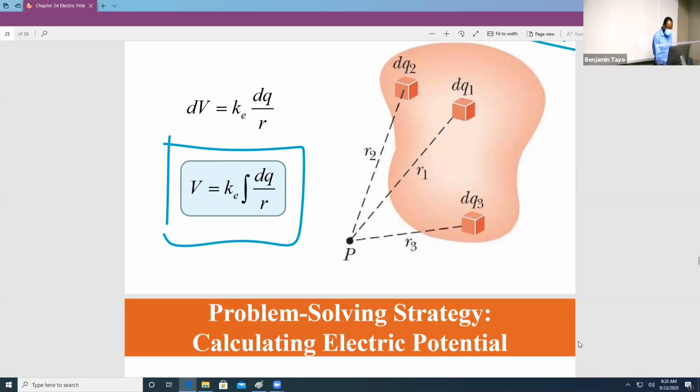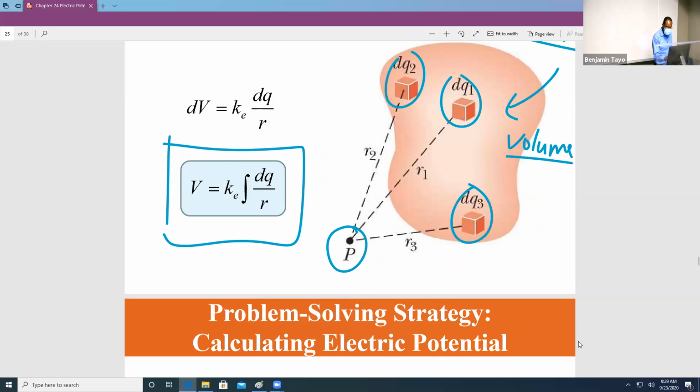If I want to calculate the potential at this point, and for example, this might be a volume charge, then I need to sum all the contributions. And if I make this really, really small, then the summation of all these contributions becomes an integral, so you can approximate that to an integral. That's given by this equation.